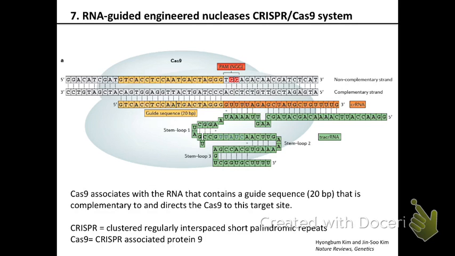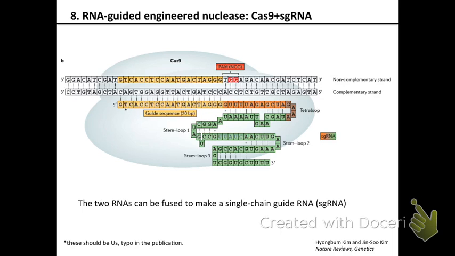All right? So in this way, what we have is an RNA that's associated with a protein, and the RNA sequence is going to find the complementary site in the DNA and target that Cas9 nuclease to that specific site. All right. So that's how it normally exists. But people can engineer it such that the guide RNA is a single RNA now, and this helps researchers synthesize a single RNA to do what they want.